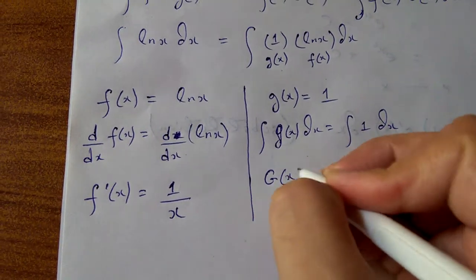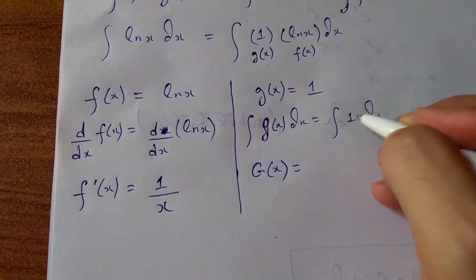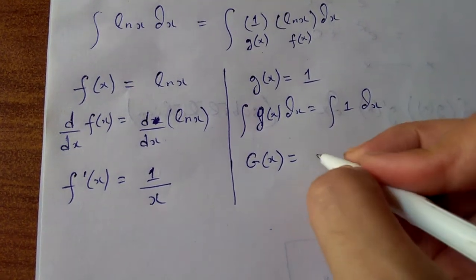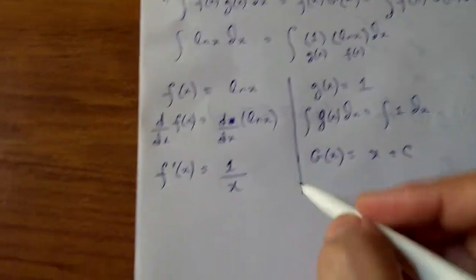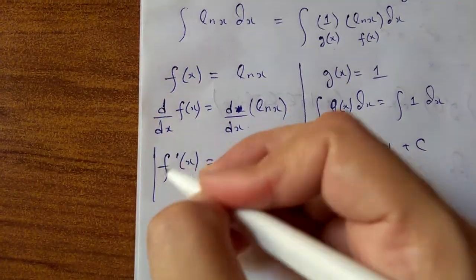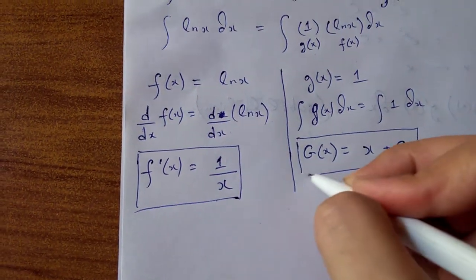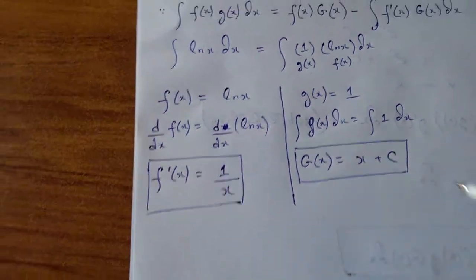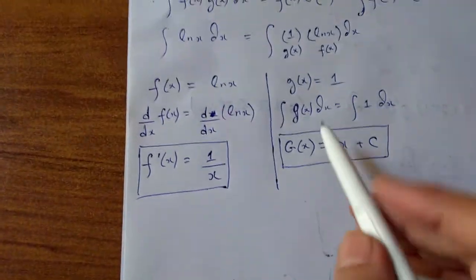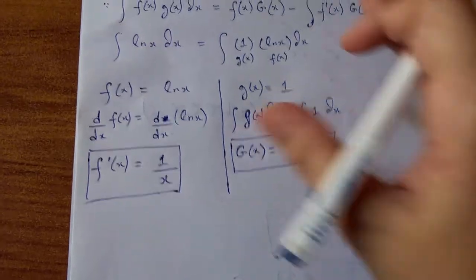So it's your choice whether you write it or not. So the integral of 1 with respect to dx is x plus some constant. So now g of x is in front of you, f dash x is also in your service. Let's highlight these two functions. Okay, now we are going to apply these two functions in our formula over here.